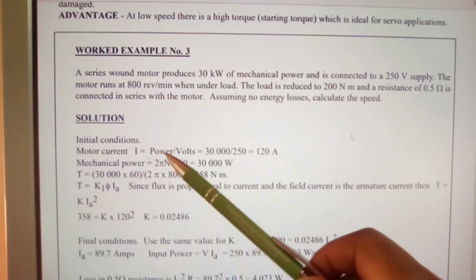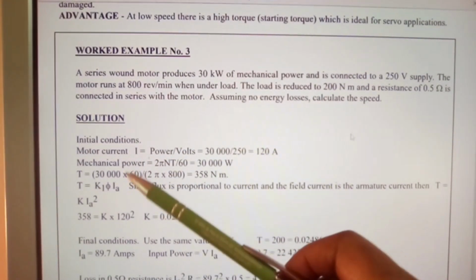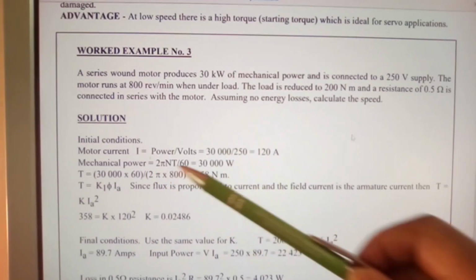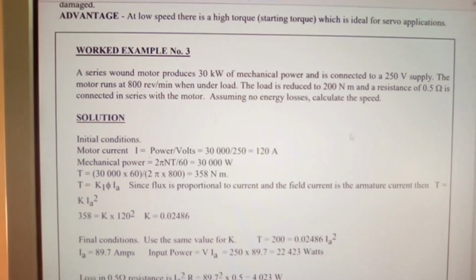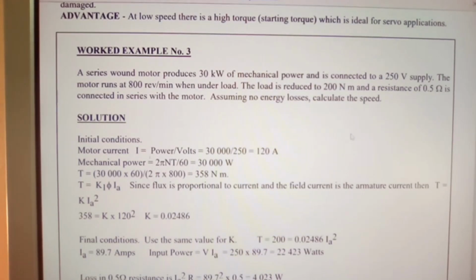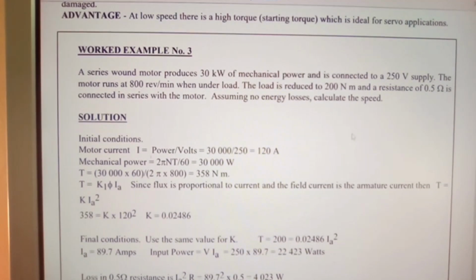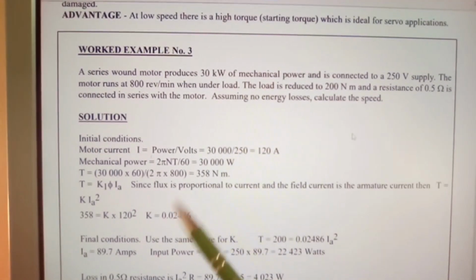Here we were calculating the current. Here we are calculating the mechanical power, which equals 30,000 watts.